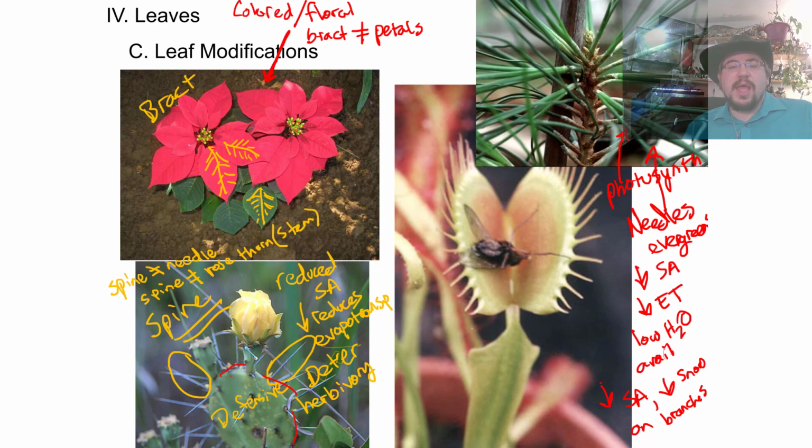And then we have our modifications for carnivory. Right? So you find carnivorous plants in basically nutrient poor soils. So you find them an awful lot in nitrate poor or in general nutrient poor soils.